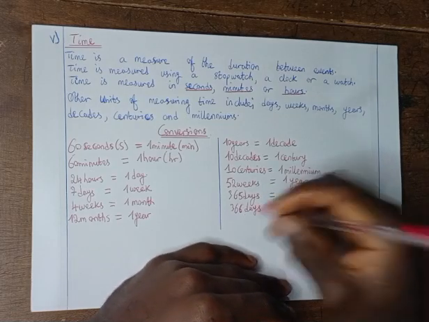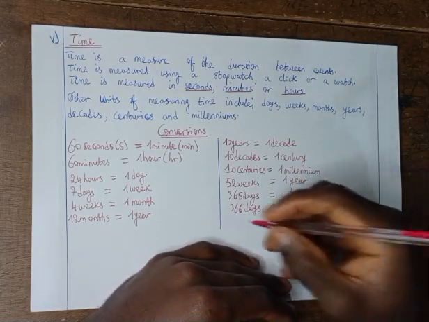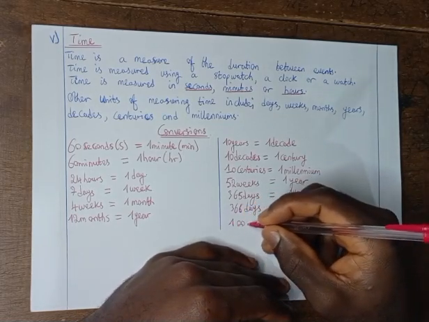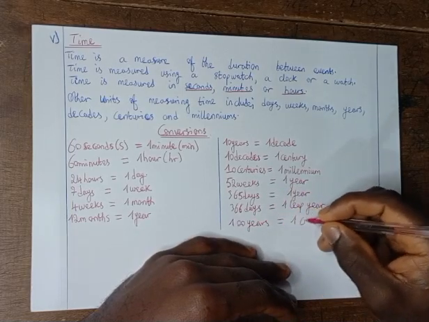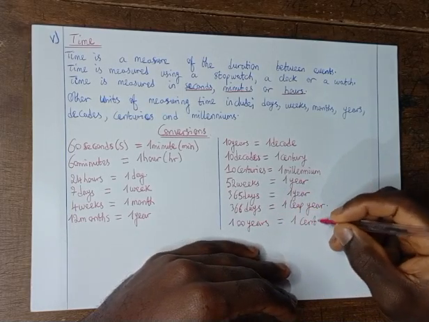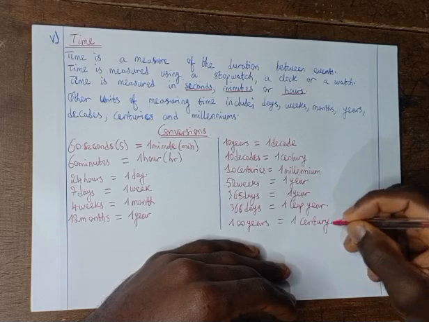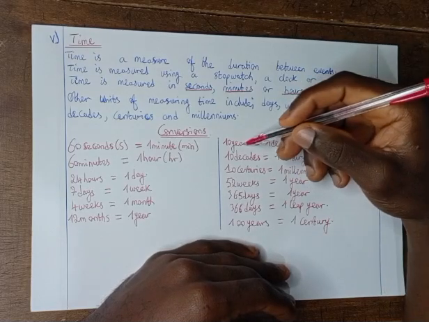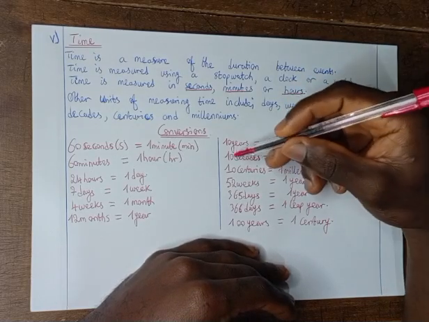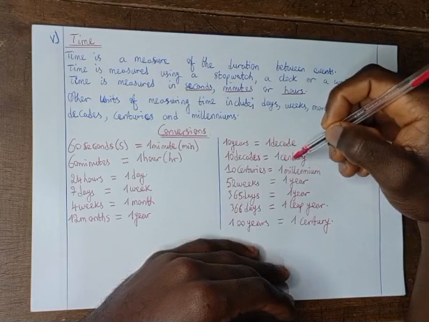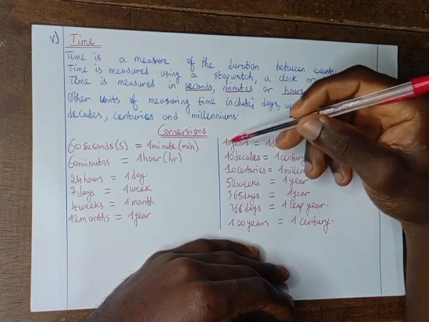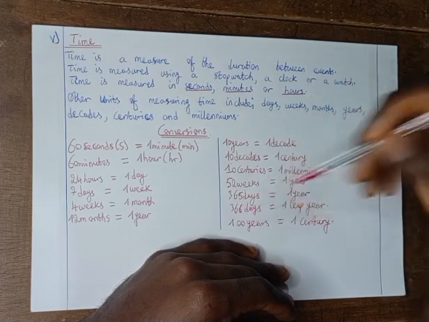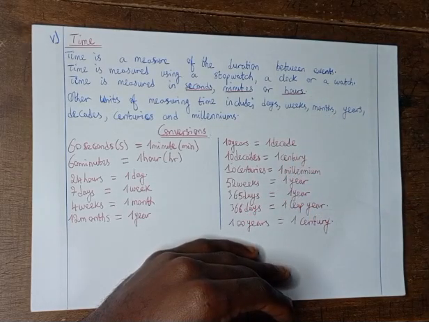And lastly, 100 years is equal to 1 century. You can see here 10 years is equal to 1 decade. 10 decades is equal to 1 century. So for us to get the number of years in 1 century, we are simply going to take 10 times 10, which gives us 100 years.